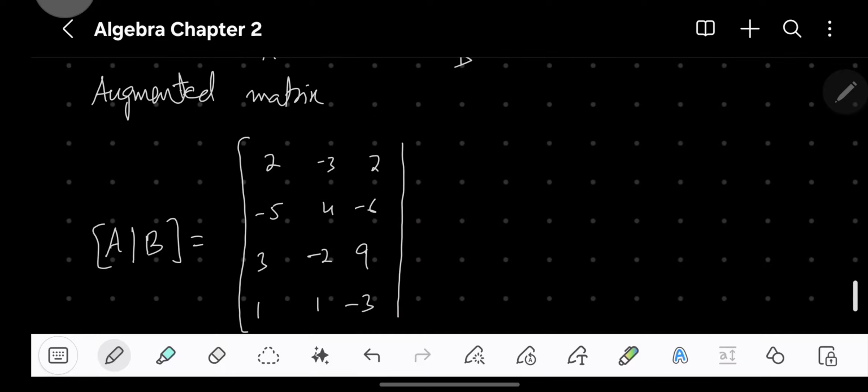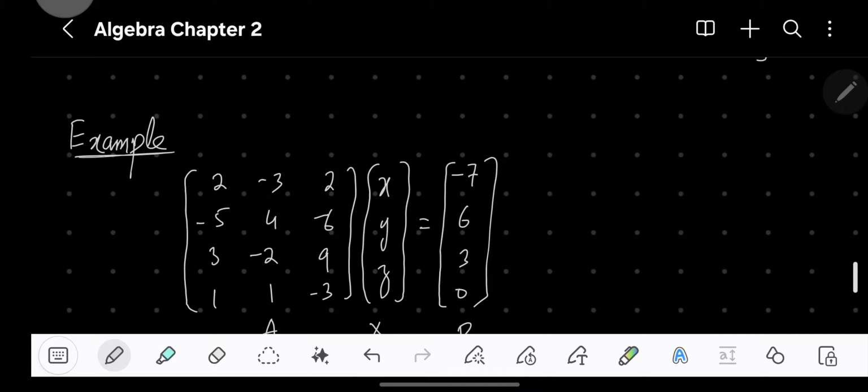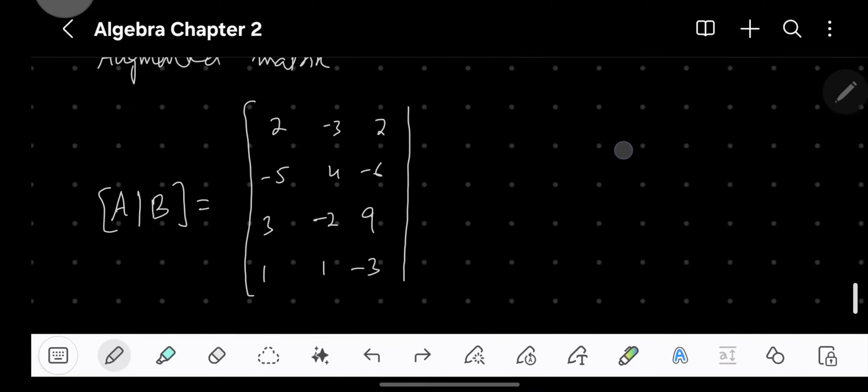At the end I will write the constant matrix. The constant matrix is this one: minus 7, 6, 3, 0. This one is also 6. And this is the augmented matrix.